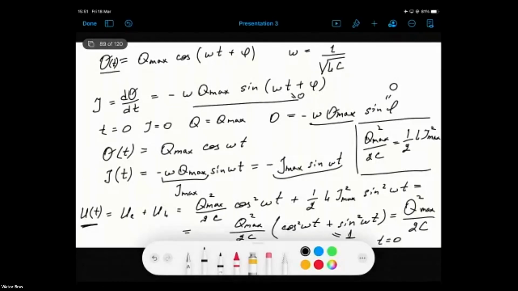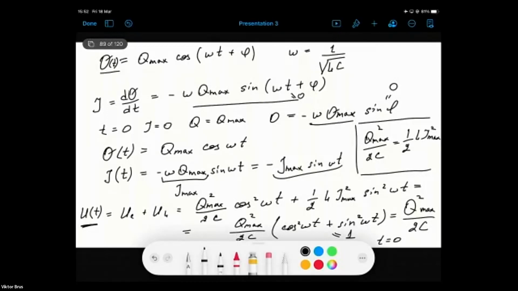So if you have any questions, you're welcome. We introduced today expressions for the energy of magnetic field and calculated it, initially derived based on the RL electric circuit consideration.